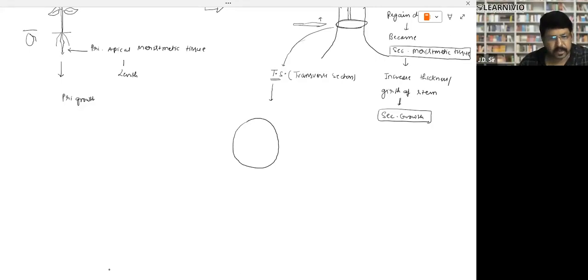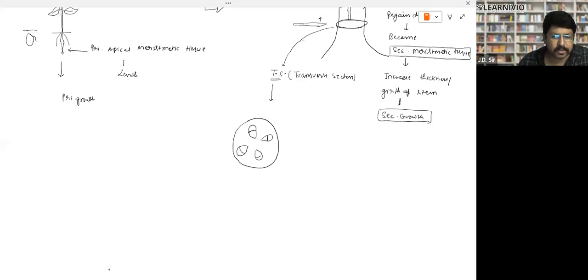Inside the stem, there are vascular bundles. We know that in dicots the vascular bundles are arranged like this. In each vascular bundle, phloem is outside and xylem is inside.